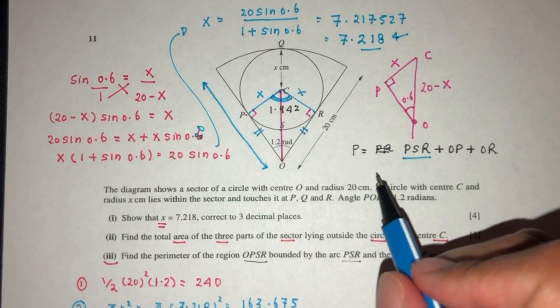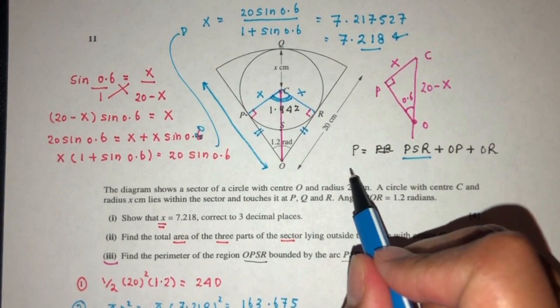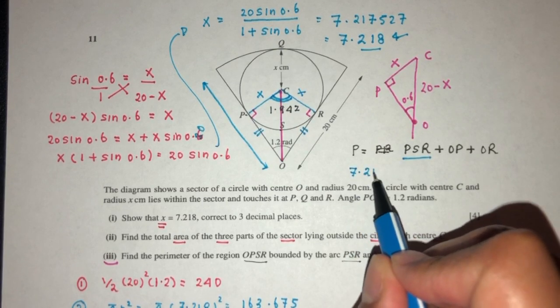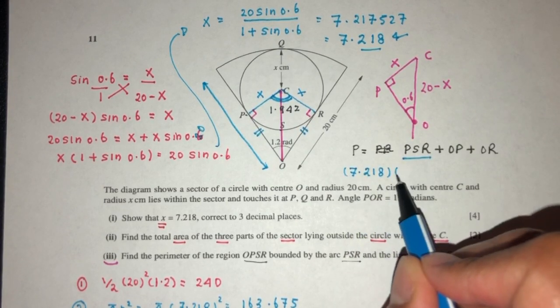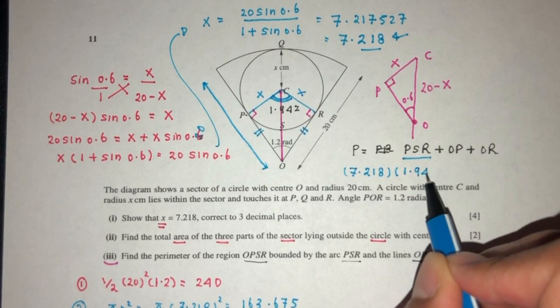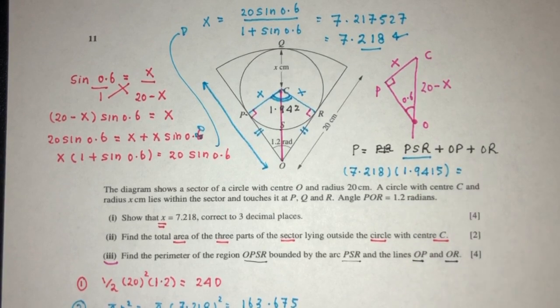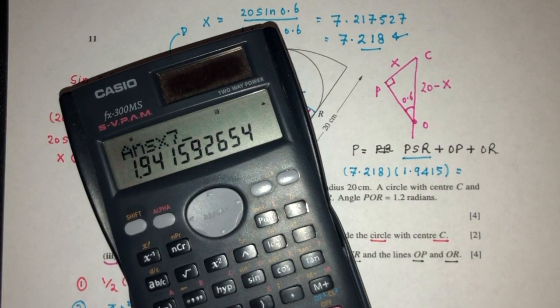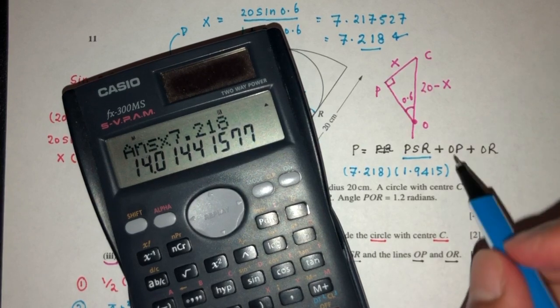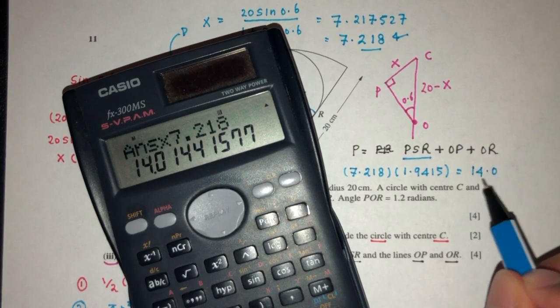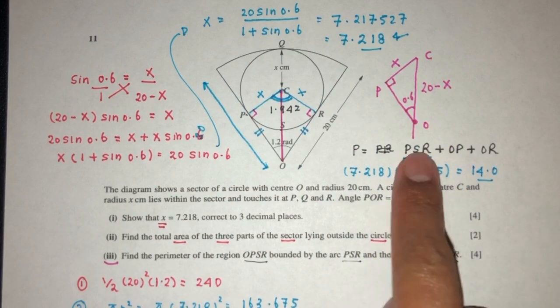Now to find the length of PSR, we use the formula we know for arc length, which is r theta, where r is x, 7.218, times the angle 1.9415. That should be 14.0 for the value of PSR.